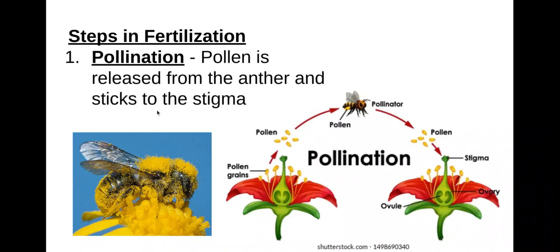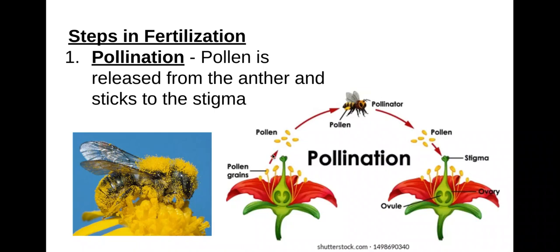So, first thing that has to happen, we have to get pollen from one flower to another, or from one flower to itself. So, pollination is when pollen is released from the anther. Remember, the anther made the pollen, it's that male part, and it sticks to the stigma, the sticky part on the female part.